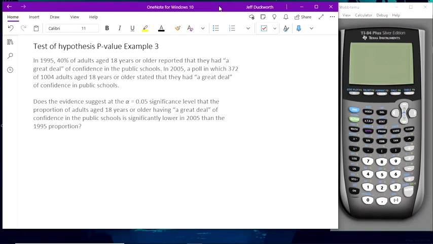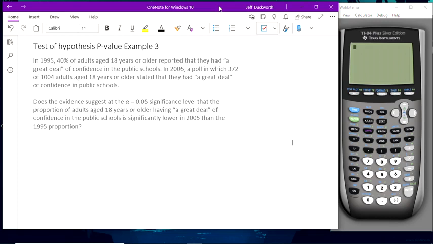I'm going to do one more example with p-value. This experiment says in 1995, 40% of adults aged 18 or older reported that they had a great deal of confidence in the public schools. In 2005, a poll in which 372 of 1,004 adults aged 18 or older stated that they had a great deal of confidence in the public schools.